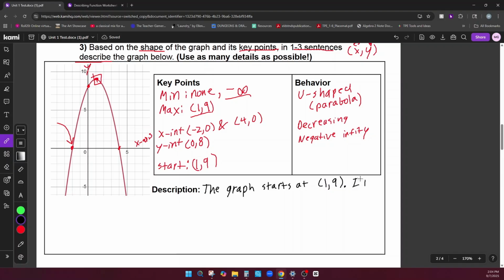It is a parabola that decreases from its starting point, which is also the max.